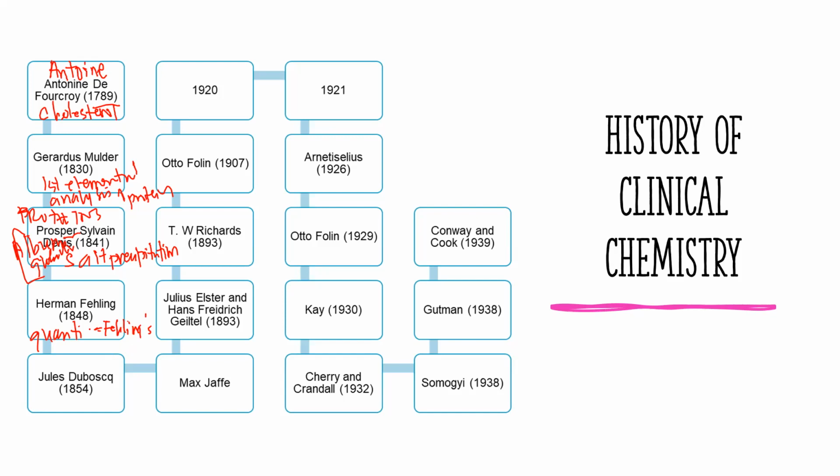In the year 1854, Jules Duboscq developed the first visual colorimeter, based on Beer's law.